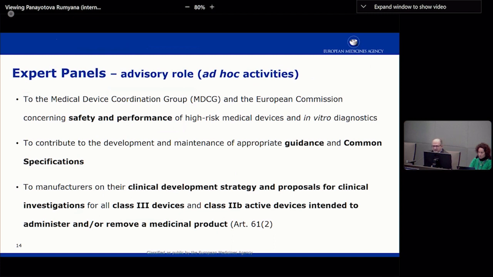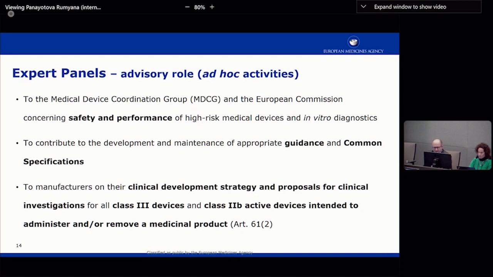Apart from these mandatory activities, the expert panels have what we call ad hoc activities, which are done in an advisory role. So they advise either the member states through the Medical Device Coordination Group, the MDCG, or the Commission on any issue regarding safety or performance of medical devices.